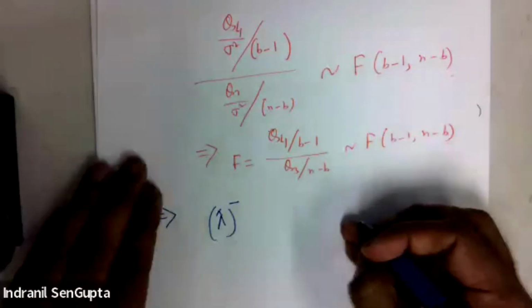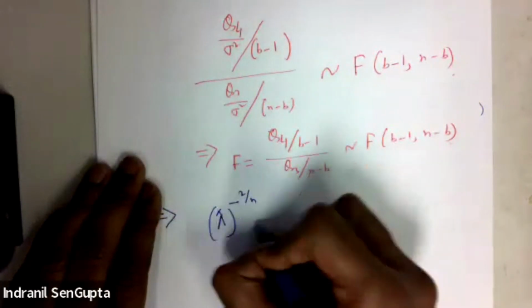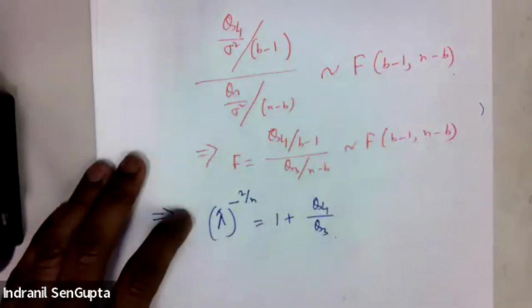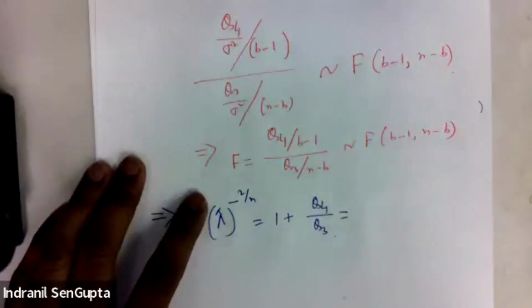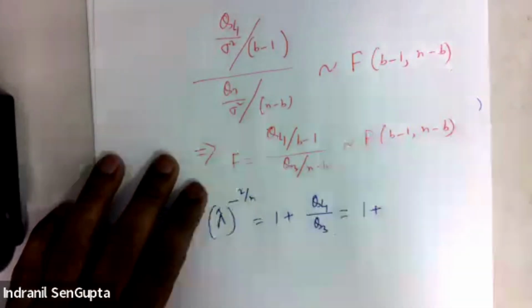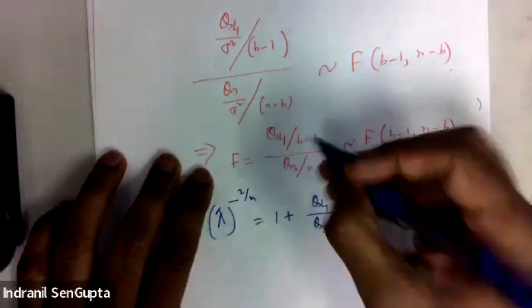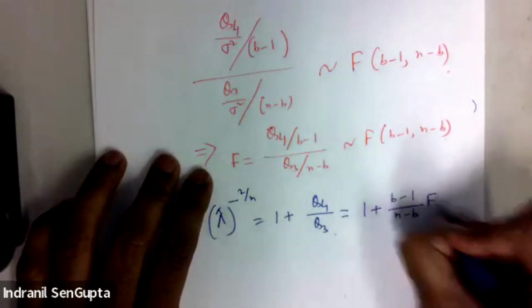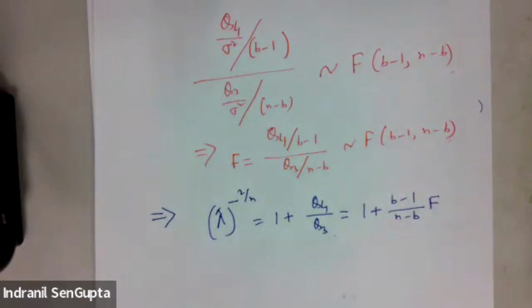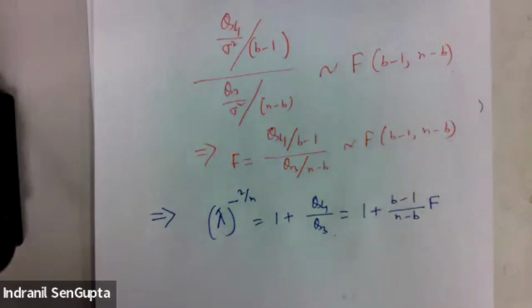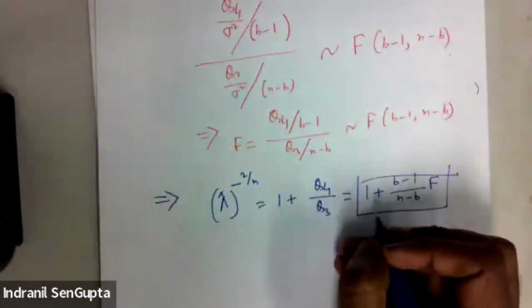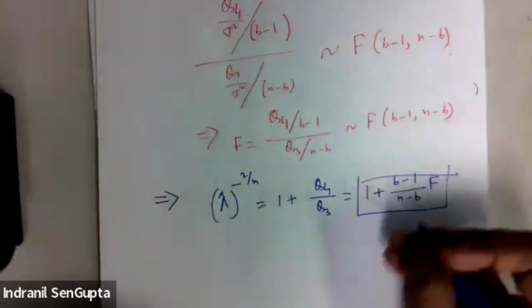We found it as 1 plus Q4 over Q3, so Q4 over Q3 is, with the factor b minus 1 over n minus b, F. If this quantity has higher values, then we reject the null hypothesis.